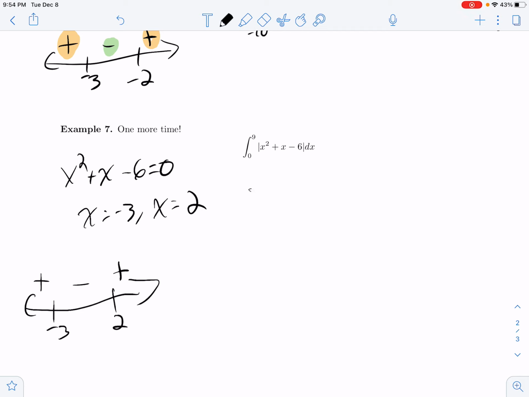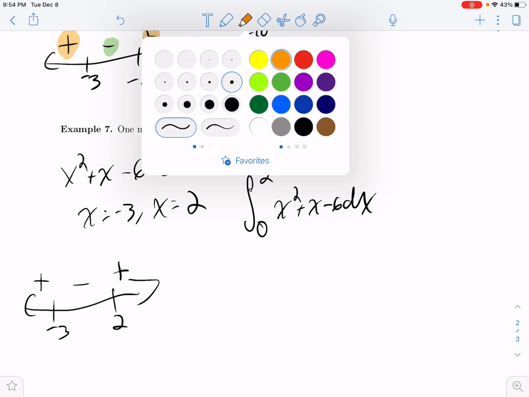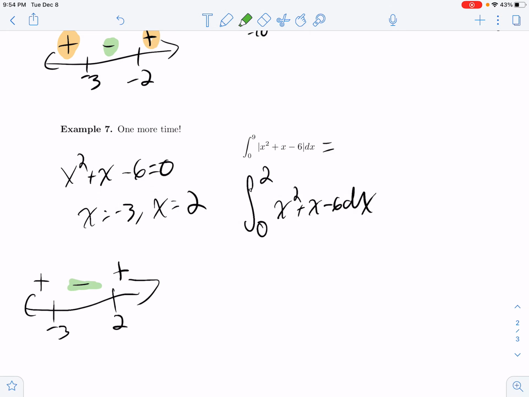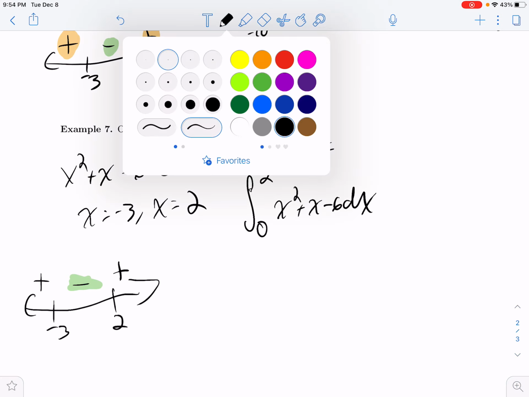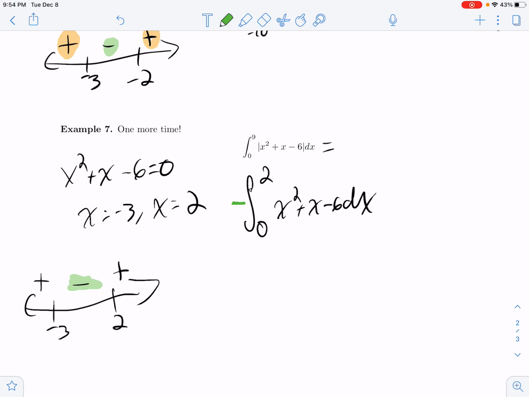So this will be the integral from 0 to 2, x squared plus x minus 6 dx. And then since this guy is negative, this will be minus, because that's where the 0 and the 2 live. And then from 2 to 9, that's positive.